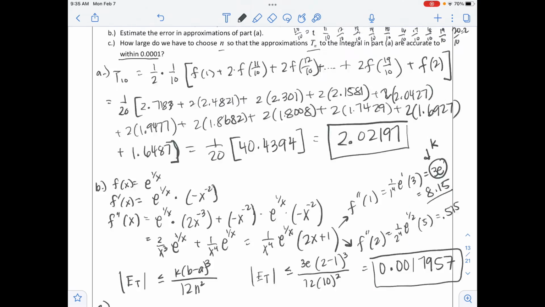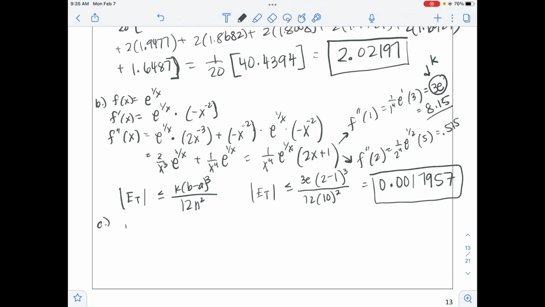So we want our error, which we know is 3e times 2 minus 1 to the third all over 12 times n squared, since this time it's asking for us to find n, to be less than or equal to that error within 0.0001.